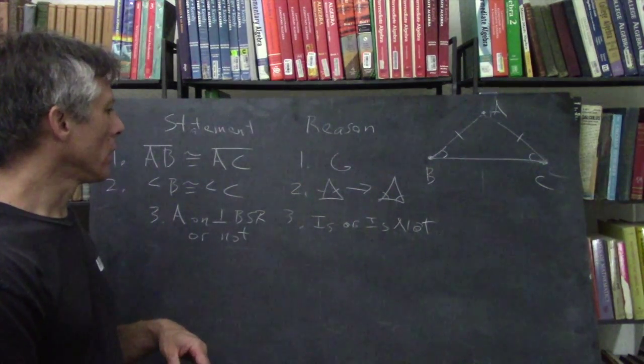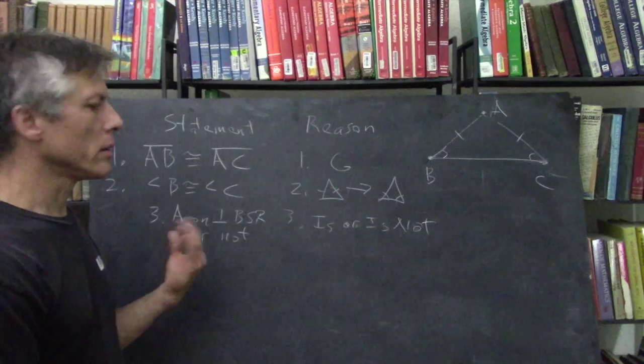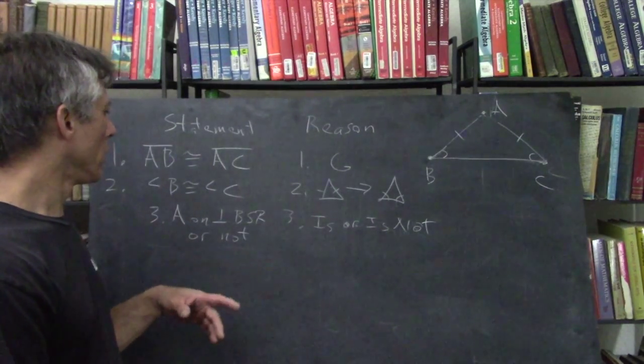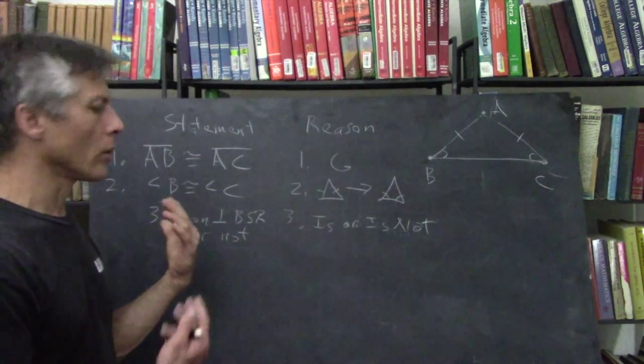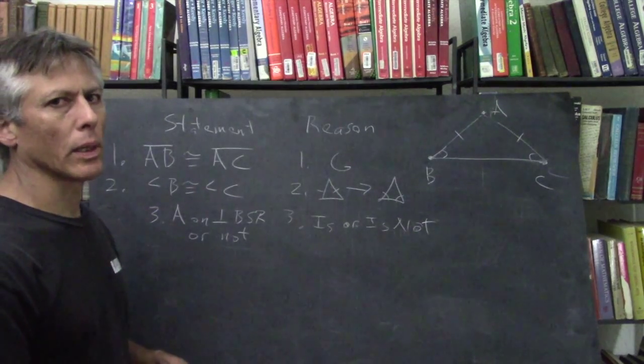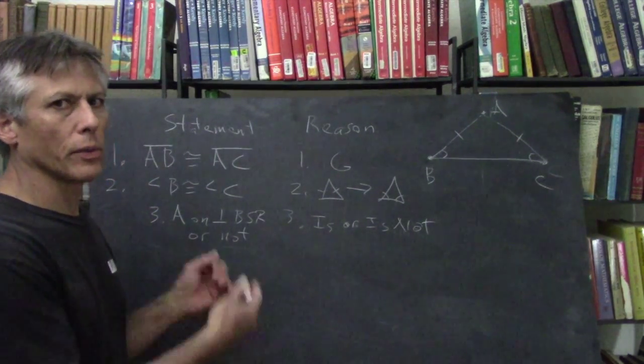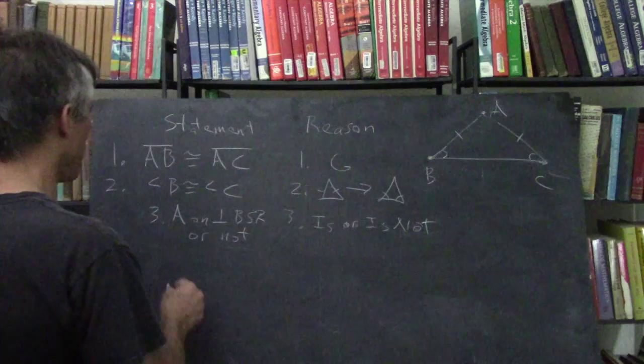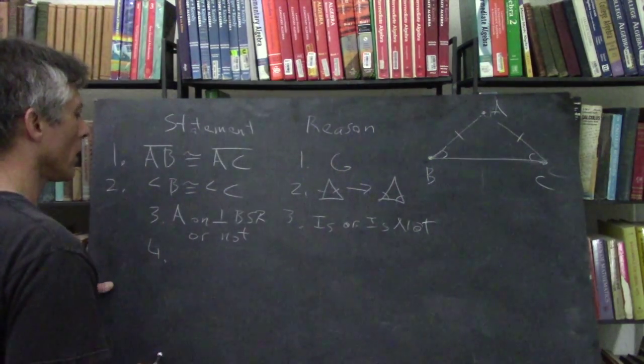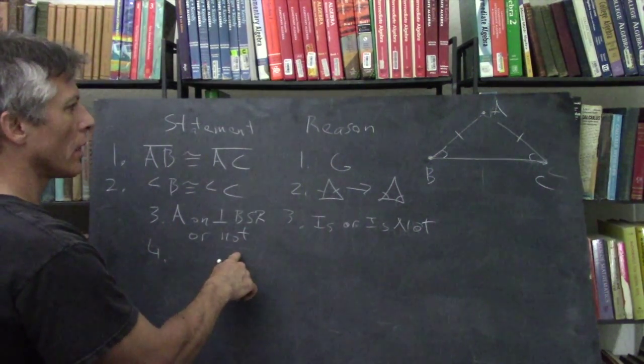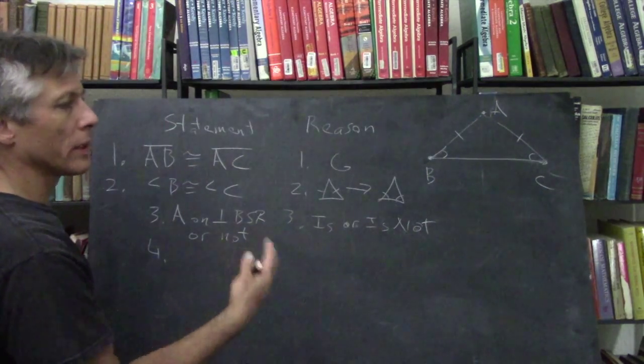You can say you're either dead or alive. You can say A is on the bisector or it's not. There's some situations where there are only two alternatives, so we can do something like this. Okay, now if A is not on it, we're going to pretend it's not.